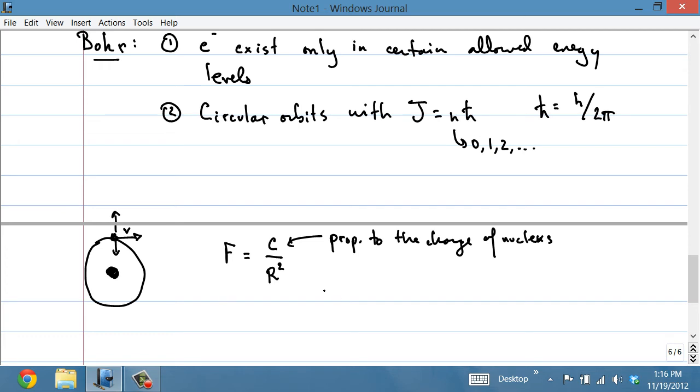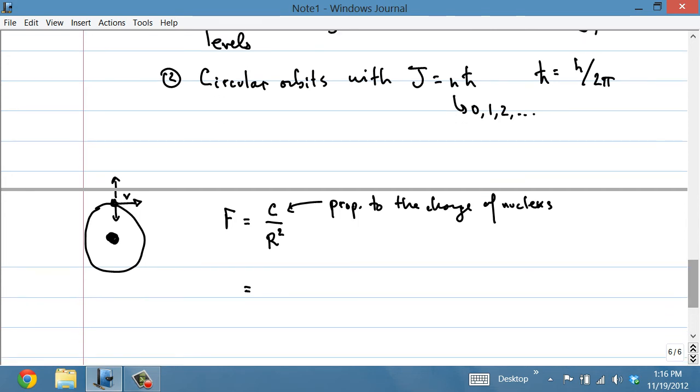And this should be equal to the centripetal force due to the fact that we have an electron going in a circular orbit. So that should be equal to mv squared over r, which is the centrifugal force.